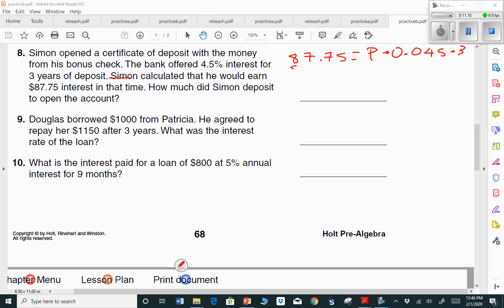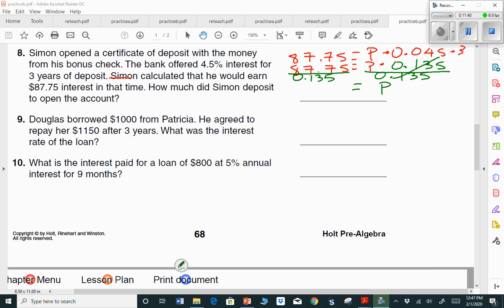So just like in the last problem, we're going to go ahead and do the 0.045 times 3, and that equals 0.135. To get P by itself, we have to divide by 0.135. Need to do that on both sides. These ones cancel out, leaving you with P equals.